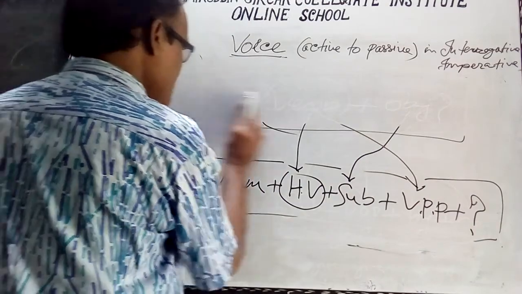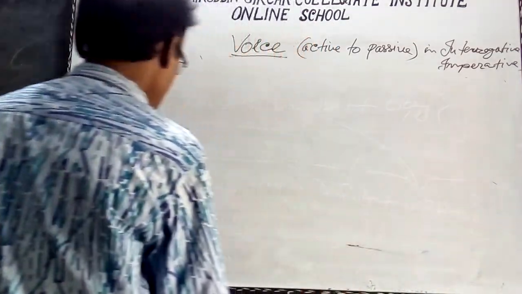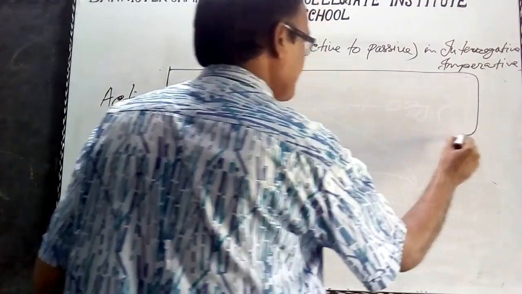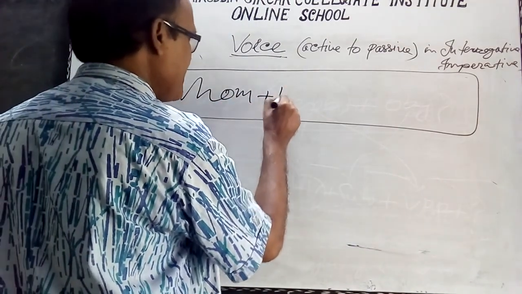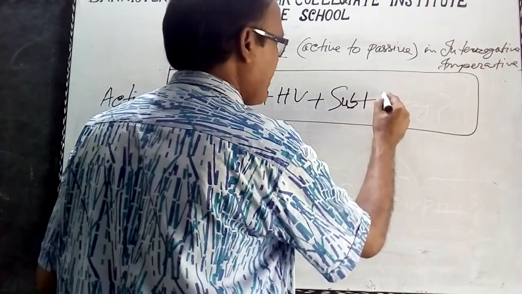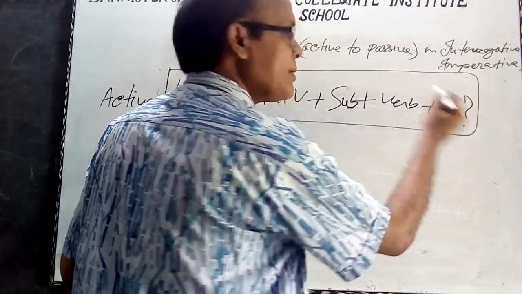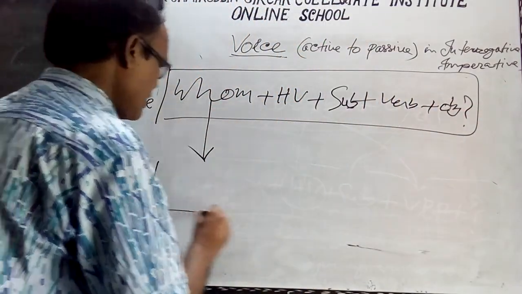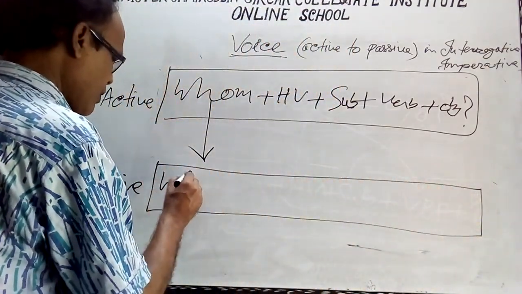But if the sentence begins with whom, then helping verb, then subject, then verb, then object. This will be decided in the first rules. So if the sentence begins with whom, we must put who.